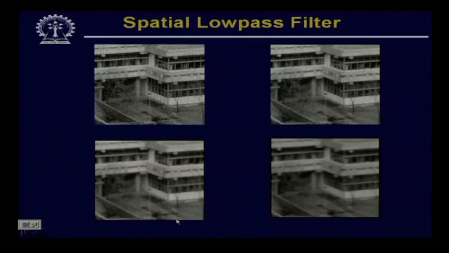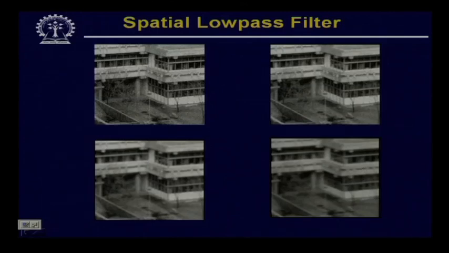So, here is another image, again we do the masking operation or the smoothing operation with different mask sizes. On the top left, we have an original noisy image, and the other images are the smoothed images using various mask sizes. On the right top, this is obtained using a mask of size 3 by 3. The left bottom is an image obtained using a mask of size 5 by 5, and the right bottom is an image obtained using a mask of size 7 by 7.